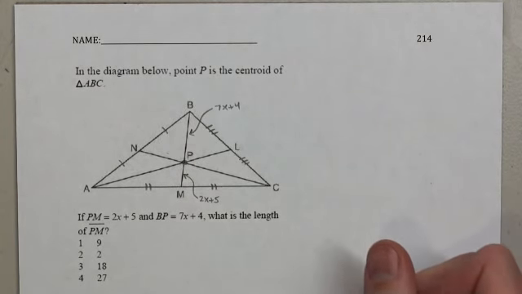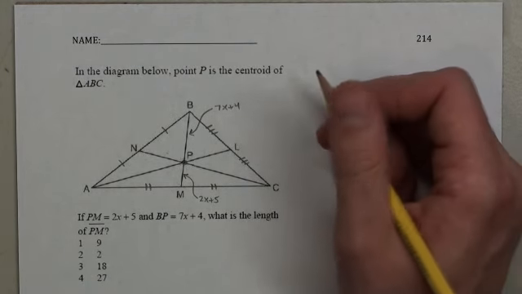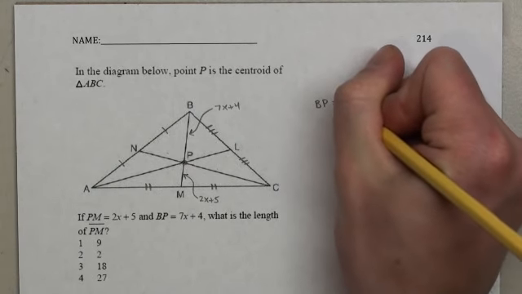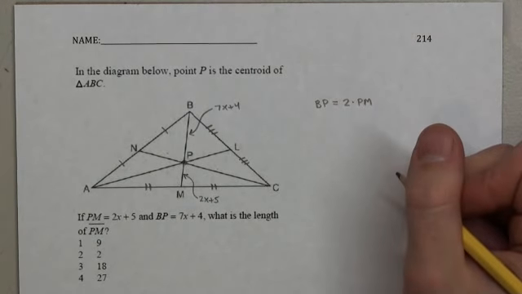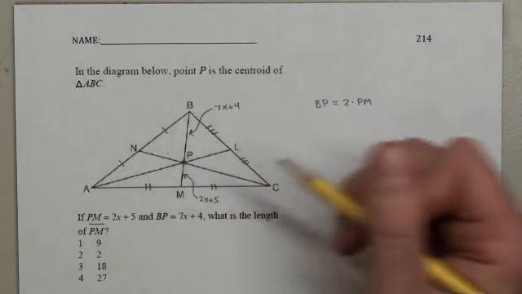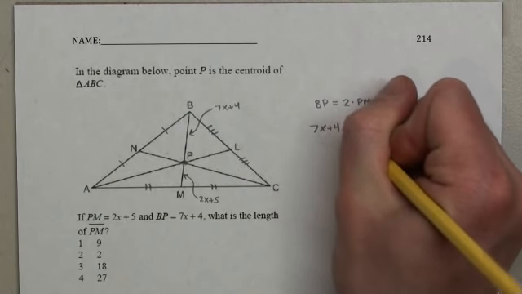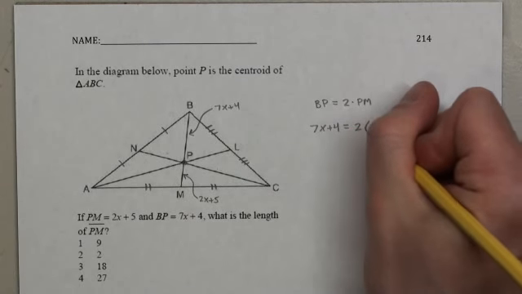What is the length of PM? Okay. Well, we know that BP equals 2 times PM, right? It's twice as long as PM. BP is 7x plus 4 equals 2 times PM, which is 2x plus 5.